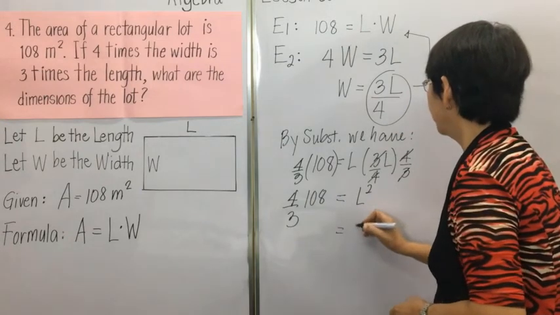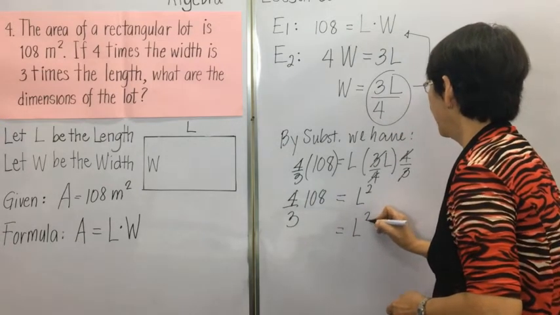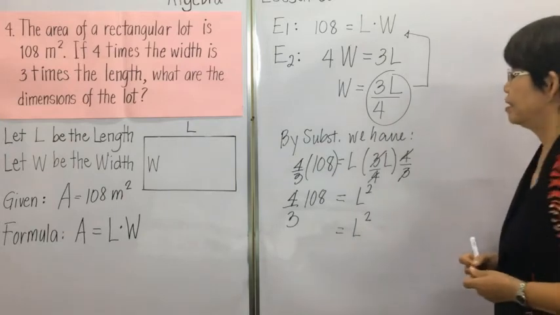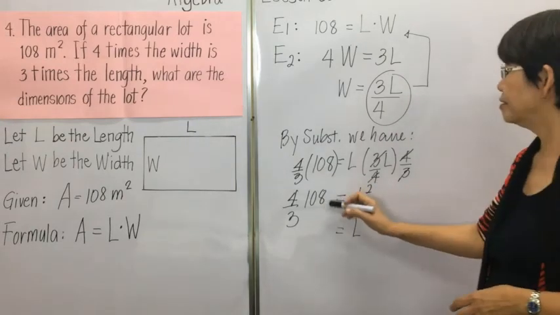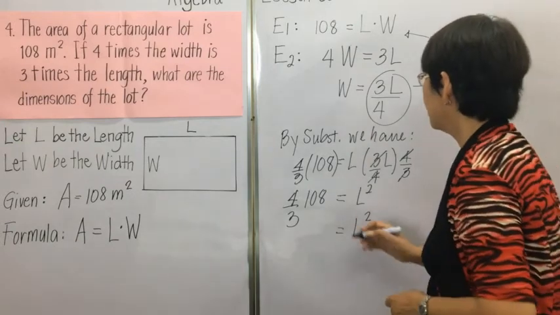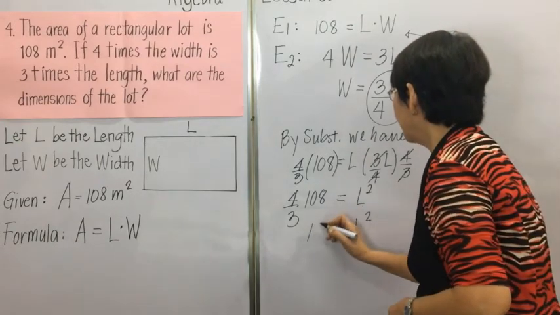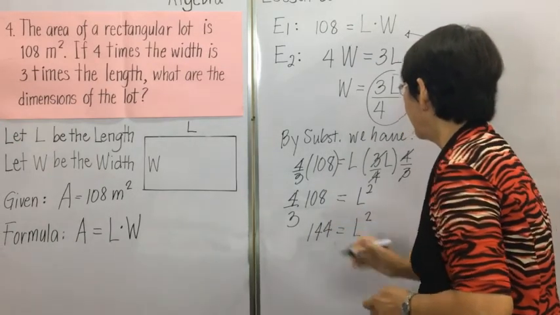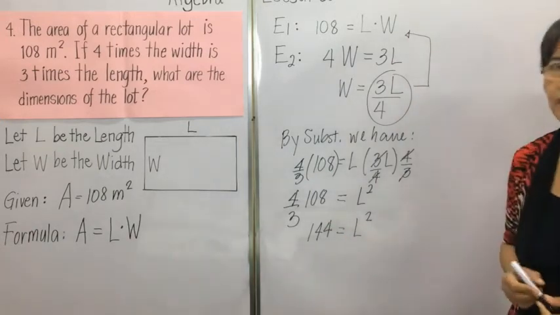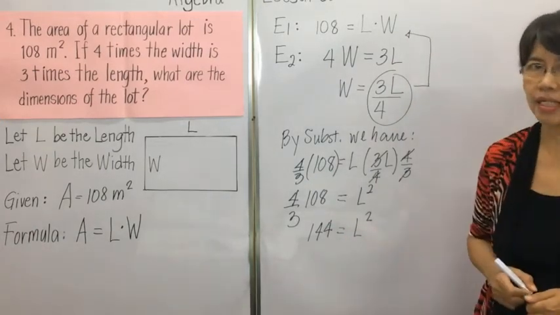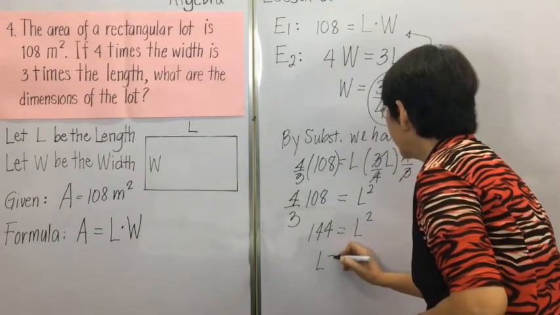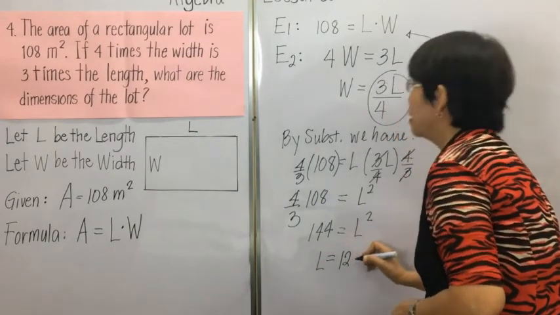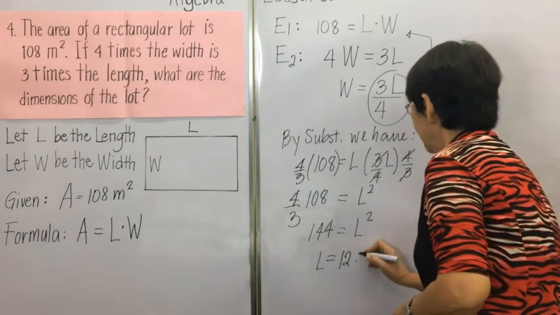So we have L squared is equal to 108 divided by 3 times 4 is equal to 144. And then we get the square root of both sides. So we have L is equal to 12 meters.